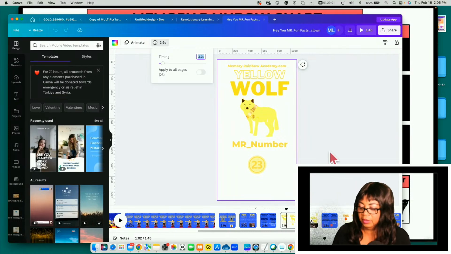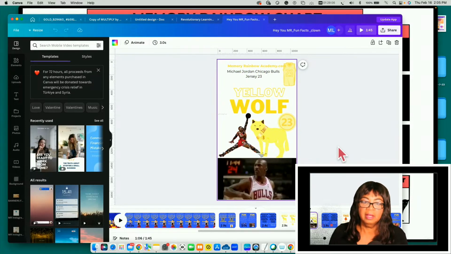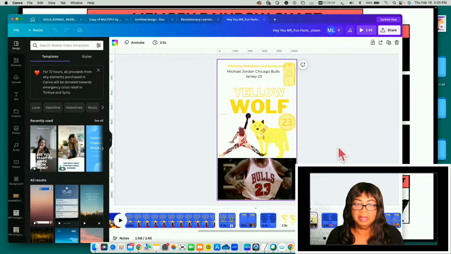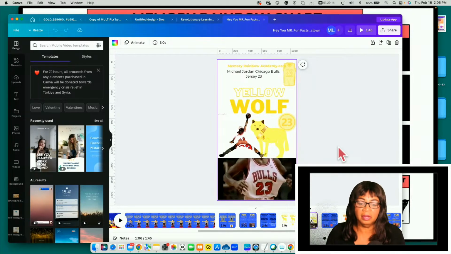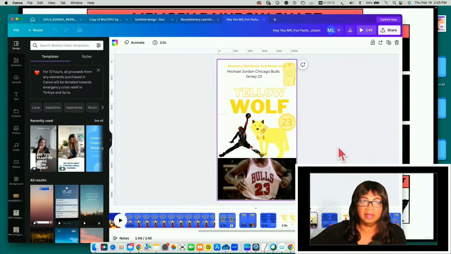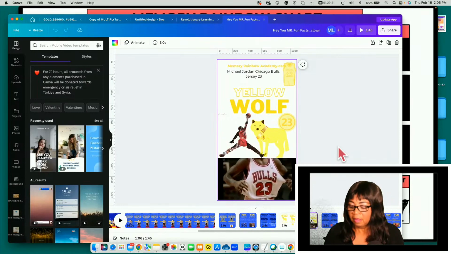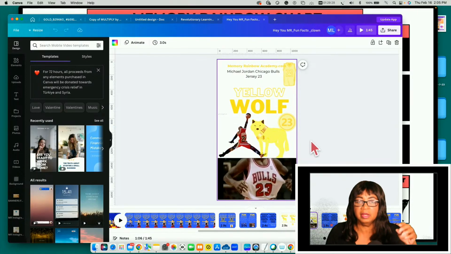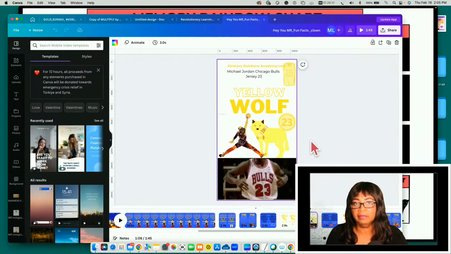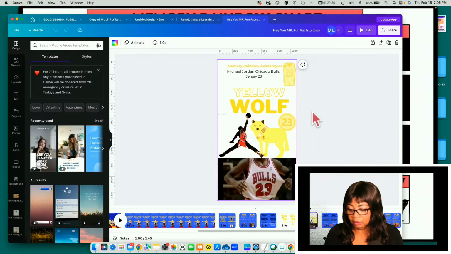For example, okay, so I have number 23. If you happen to be someone that's into sports and you're trying to remember the numbers on the jerseys of all these guys, they have so many teams, and everybody's got their numbers and so forth. If you remember 23, that is associated with the 23rd letter of the alphabet, which is W, and the symbol is the yellow wolf.